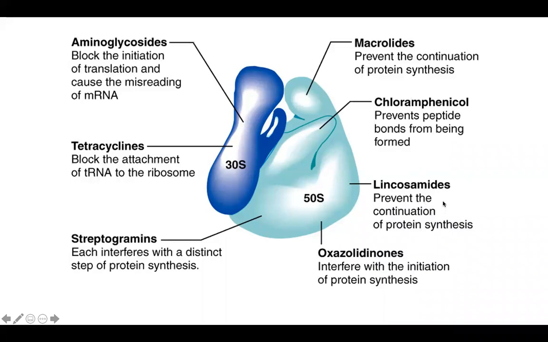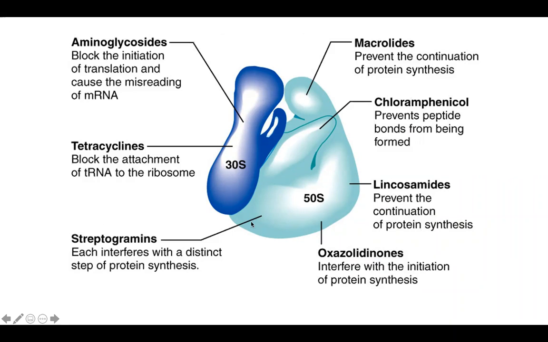You have the lincosamides, which prevent continuation of protein synthesis. Oxazolidinones, which interfere with initiation of protein synthesis. You have the streptogramins, which interfere with a distinct step of protein synthesis. So it depends on the specifics.